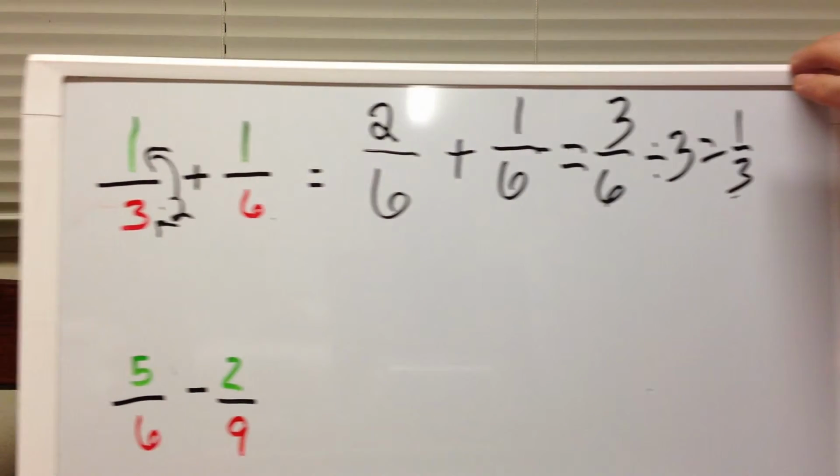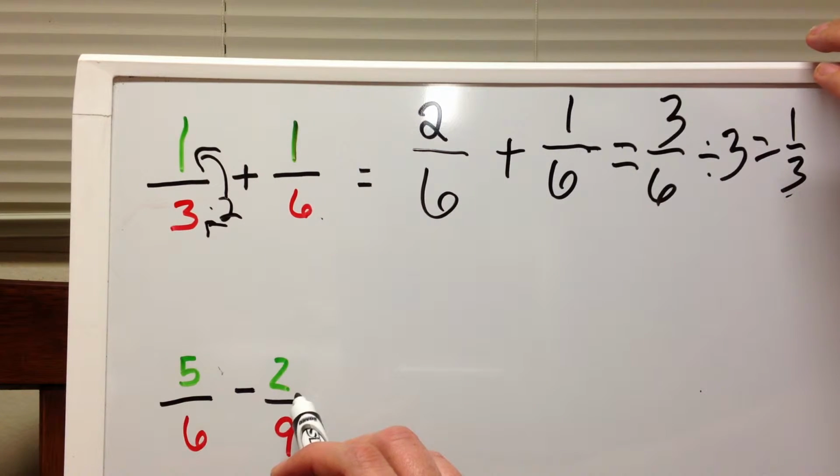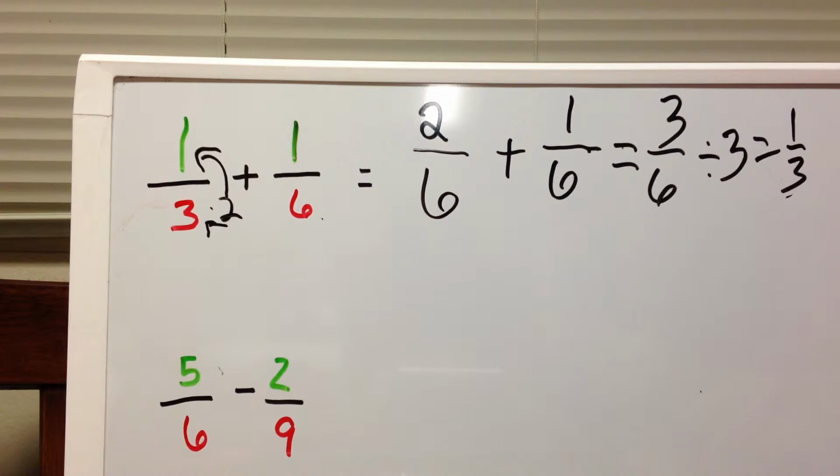Okay, and in our second equation, we have 5/6 minus 2/9. So our first step again is going to be to find the least common multiple of our denominators 6 and 9.